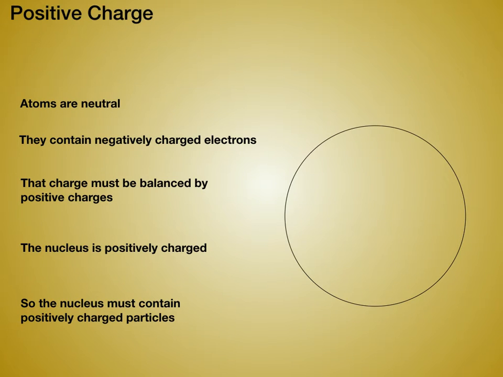Let's take an atom. This is just going to be the nucleus. There you have a positive charge in the middle. 2 positive charges, that would require 2 electrons.